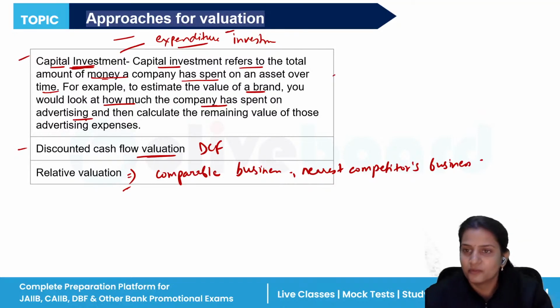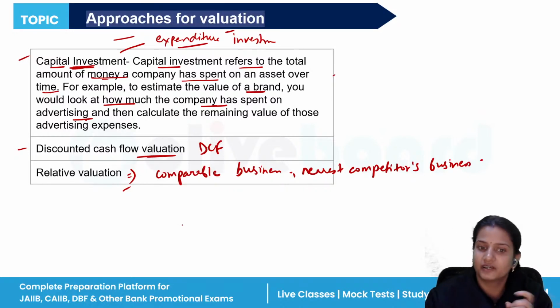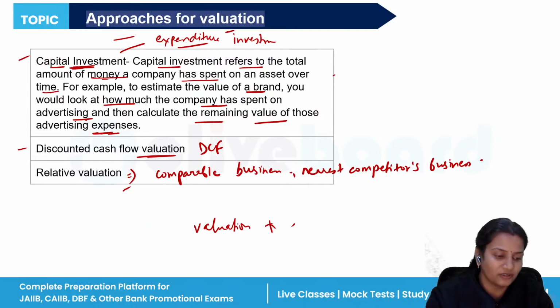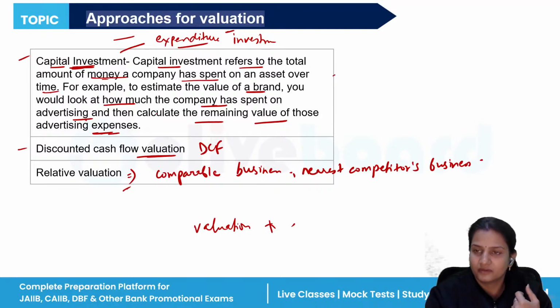If the company has spent more on advertisement, it has generated more income, more goodwill, more reputation, and if everything is more, then definitely the valuation will also be higher. Then calculate the remaining value of those advertising expenses. So the expenses you have incurred to attain your assets and on advertisement are the type of expenses considered in capital investment.